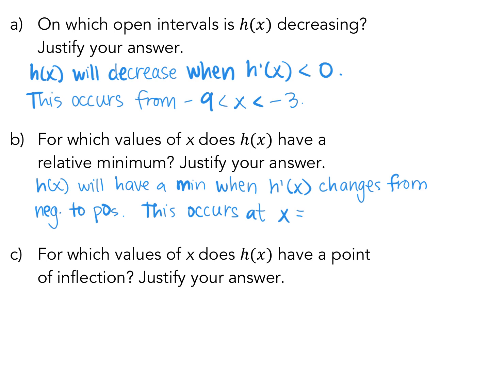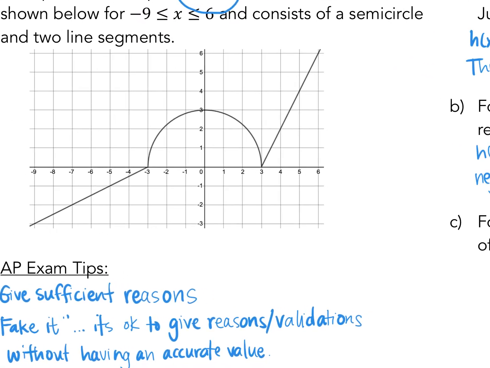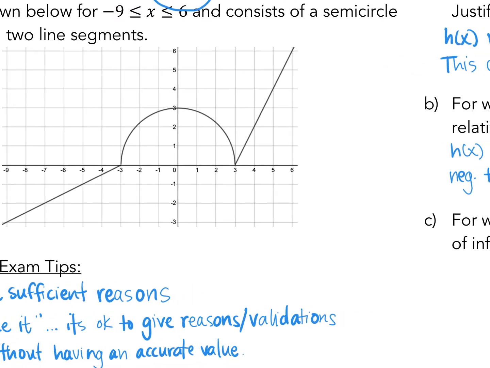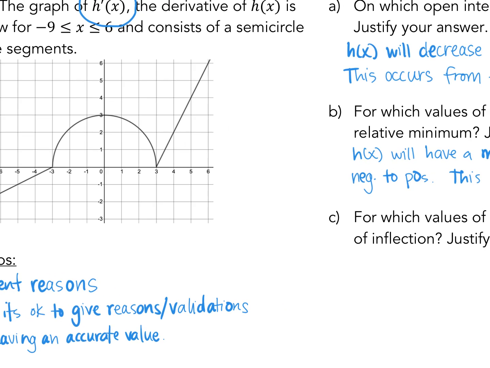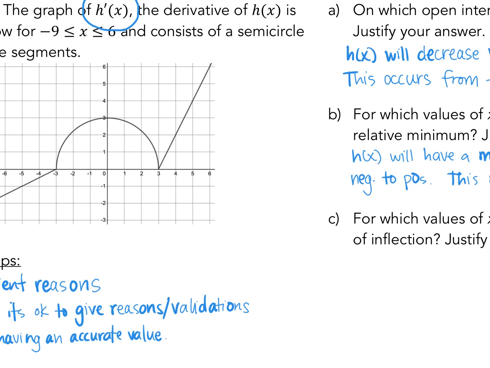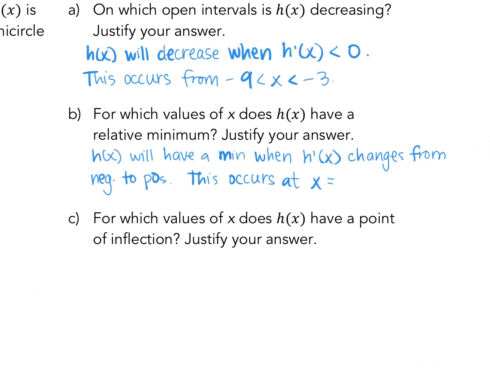That helps me. Then I know I've got the points for the justification. And then I look back, all right, where is my graph changing from negative to positive? X equals -3. That looks to me like it's changing from negative to positive. Okay, and that's what we want, right? Not positive to negative. All right, so we've got -3.